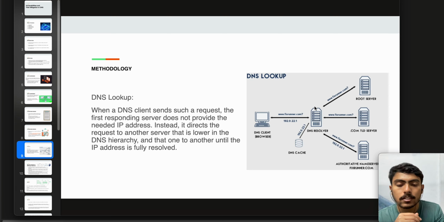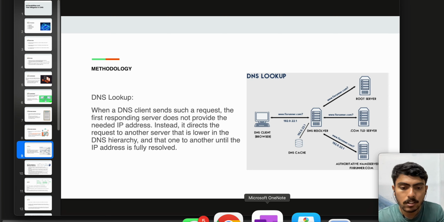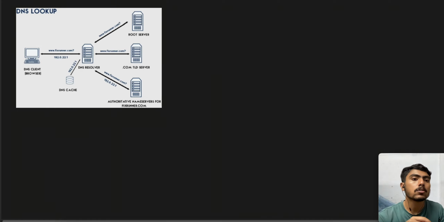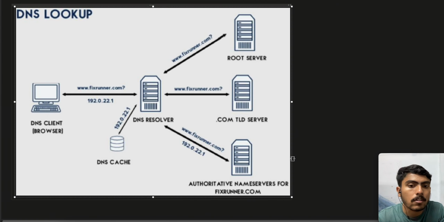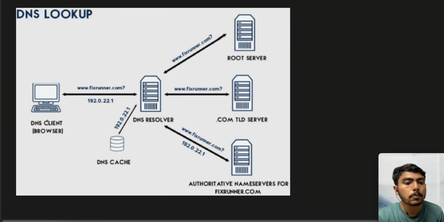Suppose we take this example to another page. Okay, so in this, I will try to explain, I think the image is not visible. Okay, so suppose this is the DNS client, the browser.